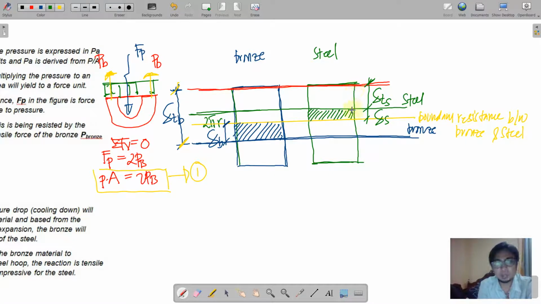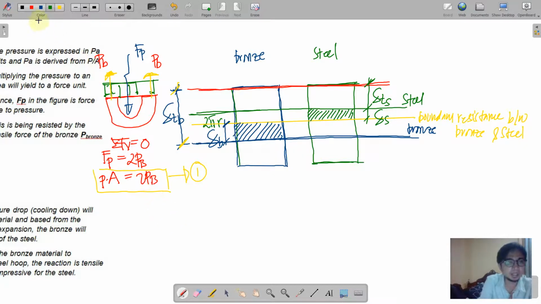So, the shortening will be composed of the compression due to the resistance, okay, and due to shortening of the steel. Ngayon, yung bronze, pinipigilan, there's a resistance in steel. That is why this is a stretch or the tensile stress. Okay. So as we can see now, we have established the geometry of the deformation wherein there will be a tensile effect on bronze and a compressive effect on the steel.